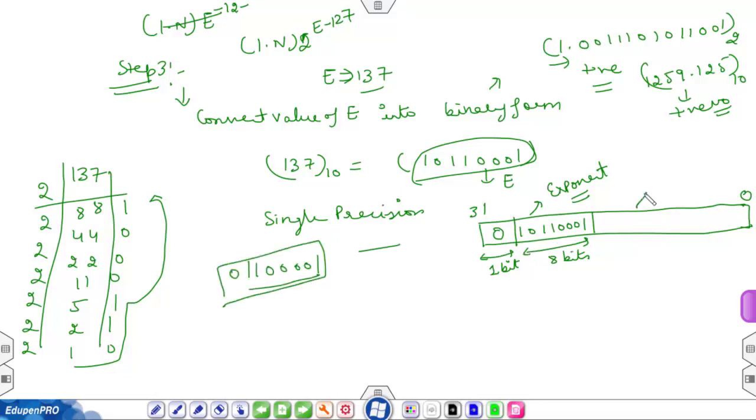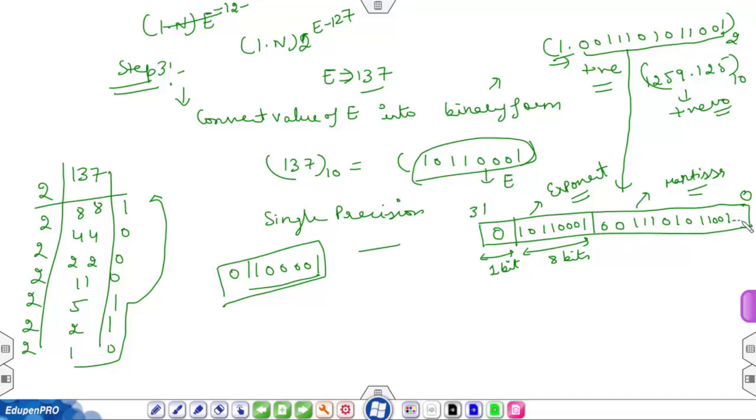Next is the position to show the mantissa. Whatever the normalized number is will be our mantissa. So leave this one and write the mantissa value here. Just count the bits: 1, 2, 3, 4, 5, 6, 7, 8, 9, 10, 11, 12, 13.